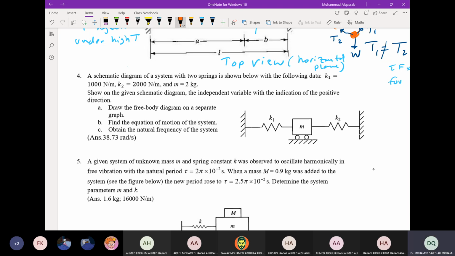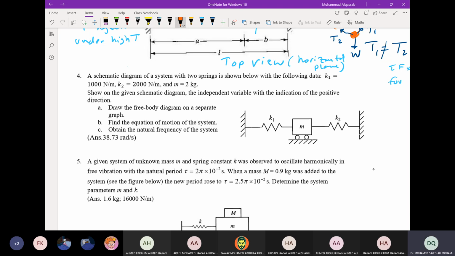So the force of the spring on the left will pull the mass to the left, and the spring on the right will push the mass to the left as well. The spring force, by Hooke's law, is K1 times X, and this is also K2 times X.